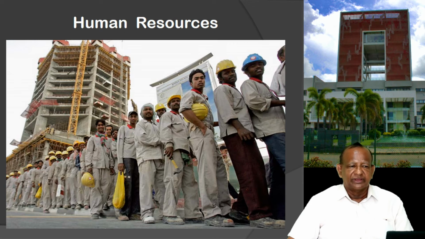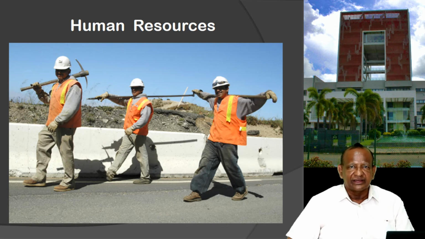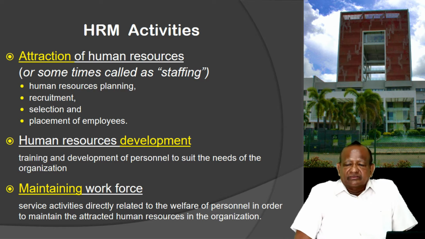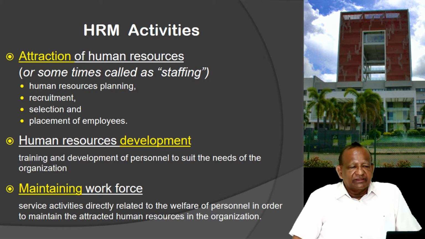And then a construction site in the Middle East, where in the morning people are queued up. All are human resources. They are the people who build these huge buildings. They have machinery, equipment, and materials, but if not for this group of human resources, no civil engineering construction can be done.